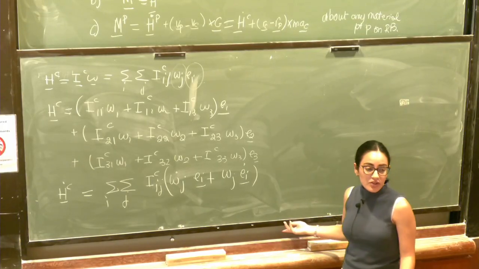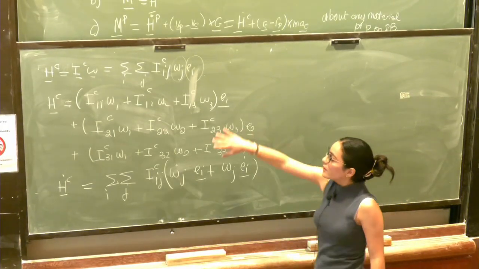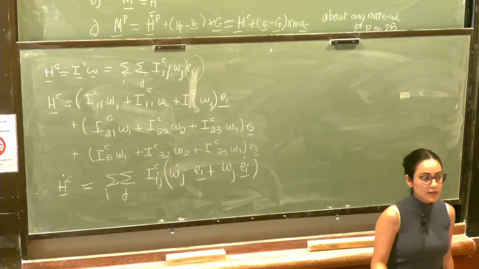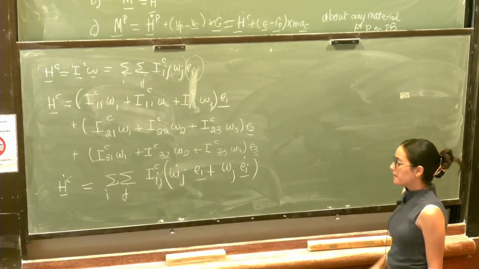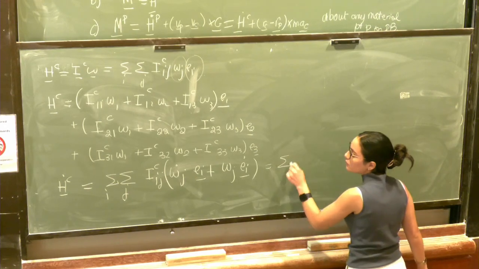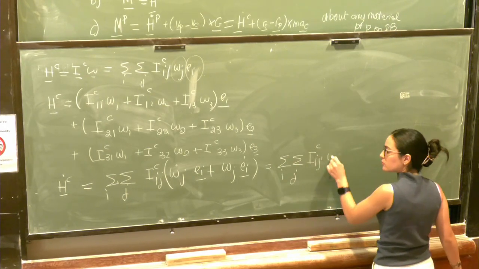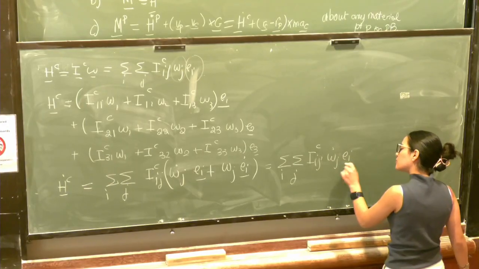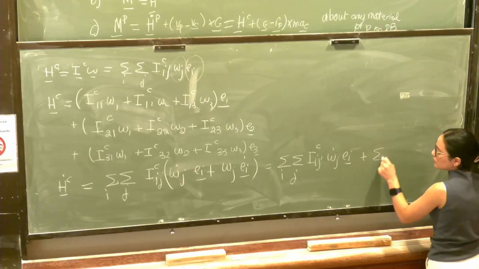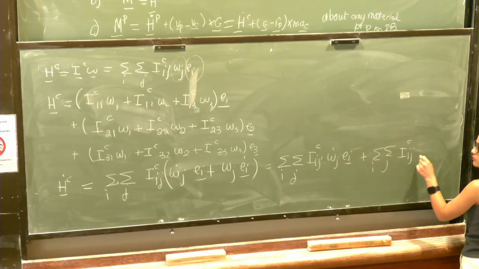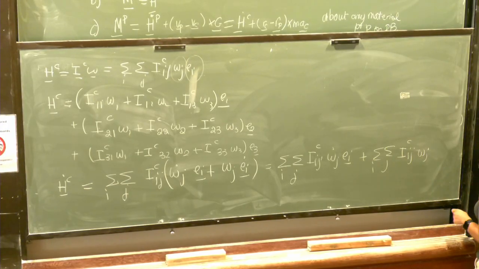It's just much easier not to write all of this, but to use the indices in this notation. I'll split the sum into two. Can anyone remind us what was e_i dot?